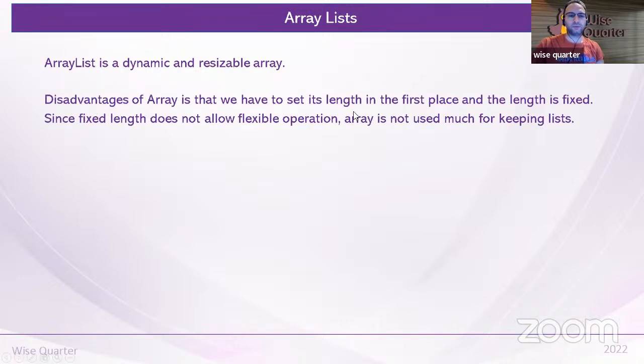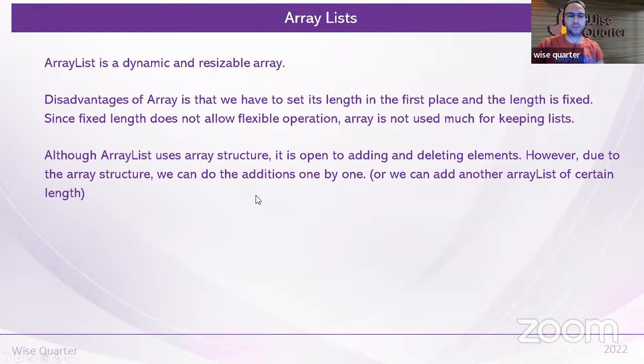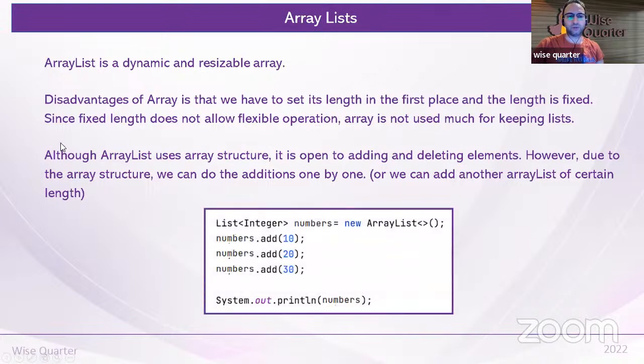Yes, the disadvantages, I have tried to explain them. And array lists use an array structure, but adding or deleting elements is easier than with a normal array. Actually, it's impossible when we talk about arrays. But it has one disadvantage.